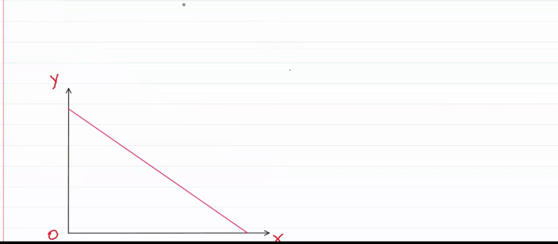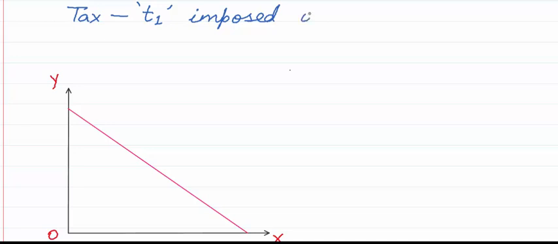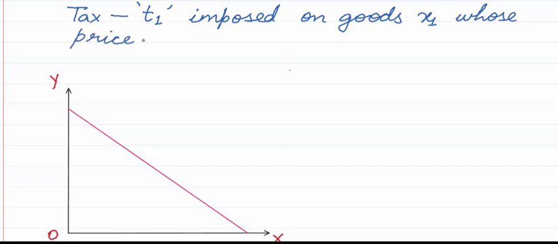Let's say a tax of amount T1 has been imposed on goods X1, whose price is P1.